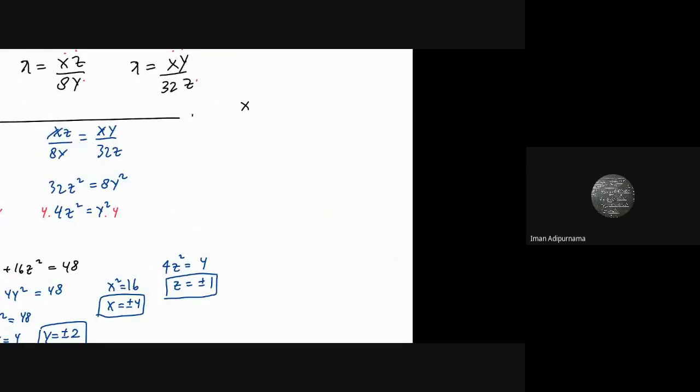So we have x, y, z, right? First, if all positive, and then this.